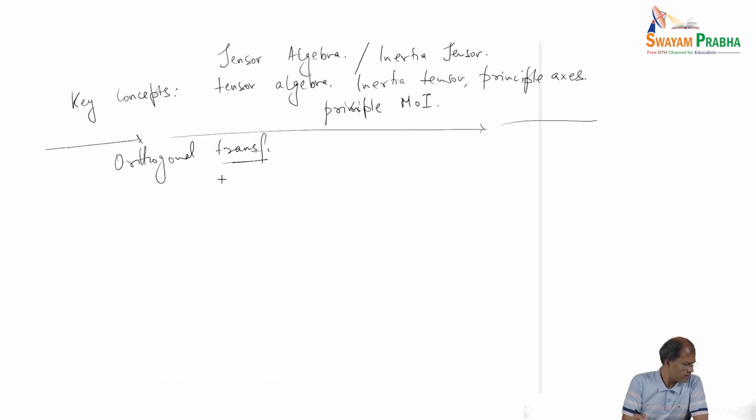So let us say we have two frames. Let us say we have the C frame, which is O x1, x2, x3. Let me just show that. So this is the x1 or E1 frame, and x2, the E2 frame, and the final is the x3 or the E3 frame.